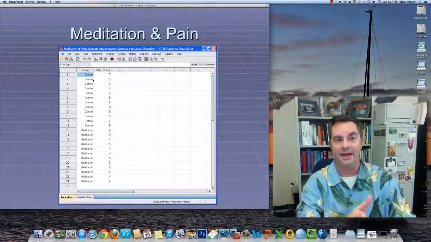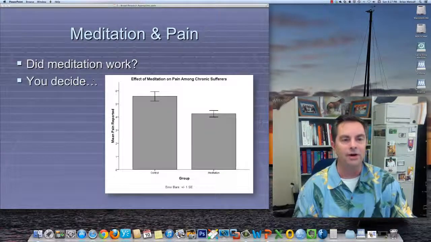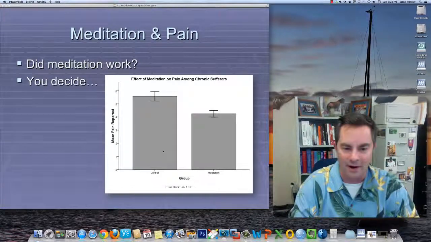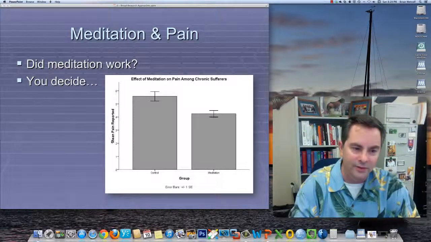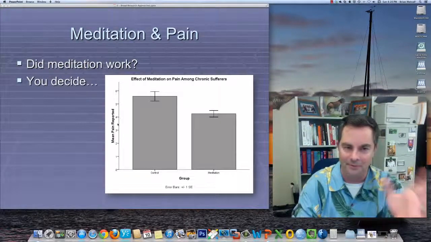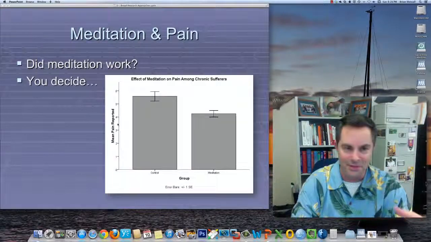So let's take that data and make a graph. I like a graphical image of what I'm seeing here. All right, so I made a simple bar graph, and here's the control group, here's the meditation group, and on the y-axis we're looking at the mean pain. I know pain is mean. That's not what I mean by mean. Mean means average, what you grew up calling the average.